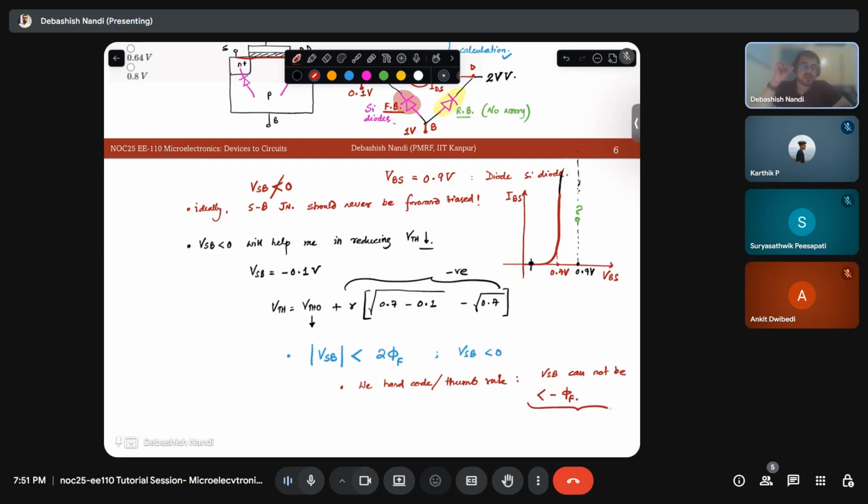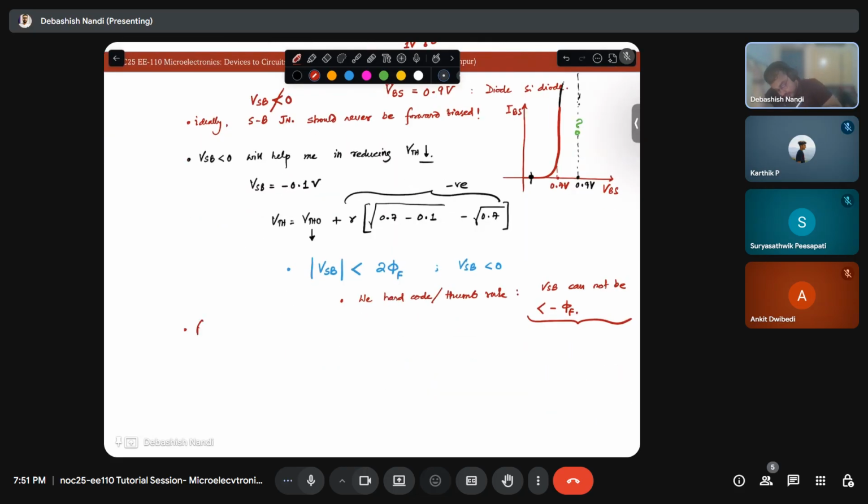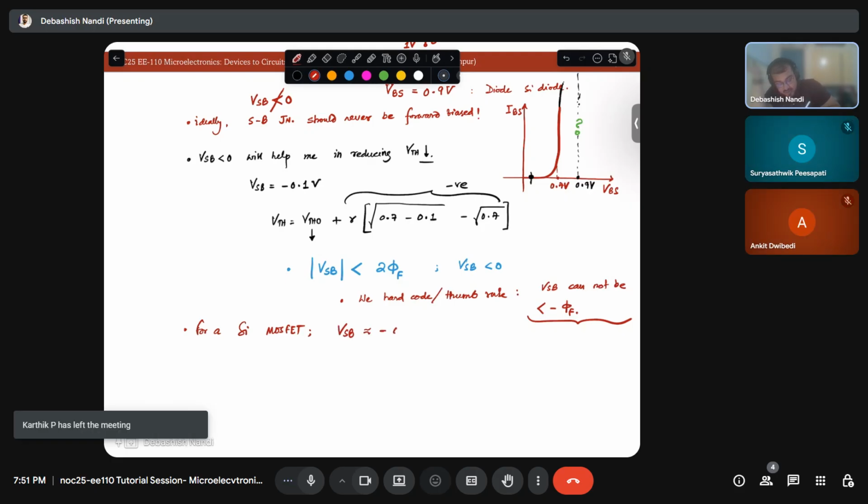Even we omit the factor of 2. So for a silicon MOSFET, the maximum you can bias VSB is around minus 0.4 to minus 0.5 volt. Okay. This is the maximum you can go for NMOS.